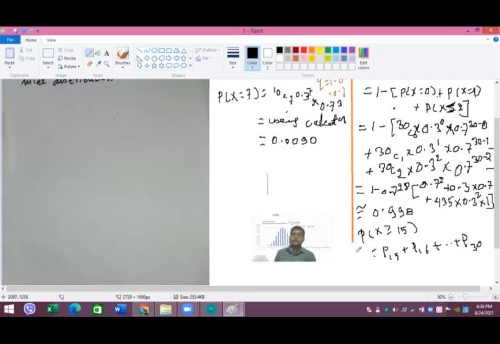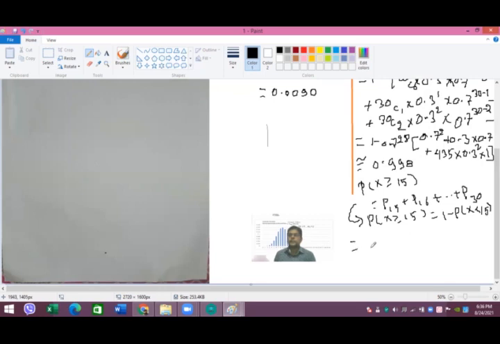Similarly, if you use the complementary probability theorem, writing P(x greater than or equal to 15) as 1 minus P(x less than 15), then less than 15 means it starts from P(x equals 0), then P(x equals 1), P(x equals 2), and so on, up to 14.